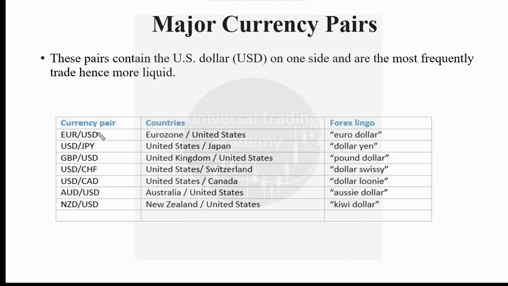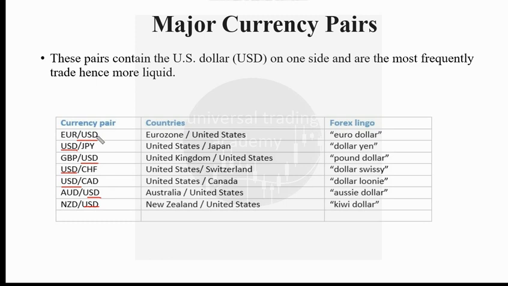Looking closely, all of these pairs contain the US dollar as one of the components of the pair. US dollar, US dollar, US dollar. This is the main characteristic of the major pairs.